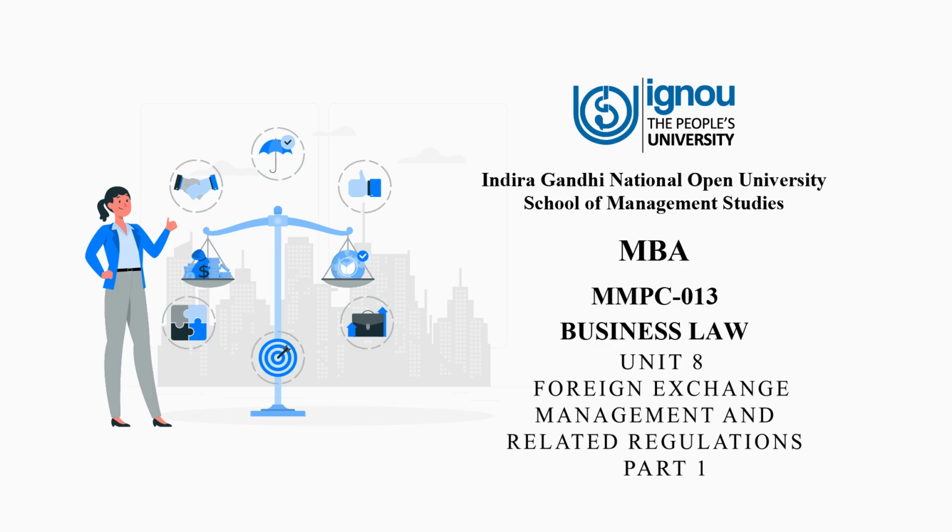Current account transaction. It means a transaction other than a capital account transaction and without prejudice to the generality of the foregoing, such transaction includes: number 1, payments due in connection with foreign trade, other current business, services, and short-term banking and credit facilities in the ordinary course of business.